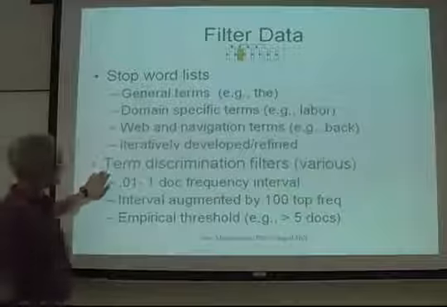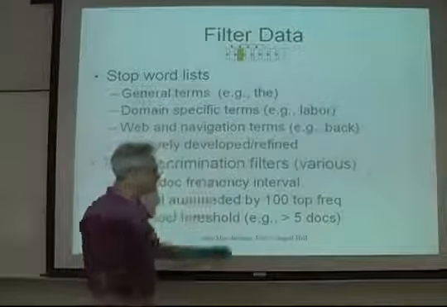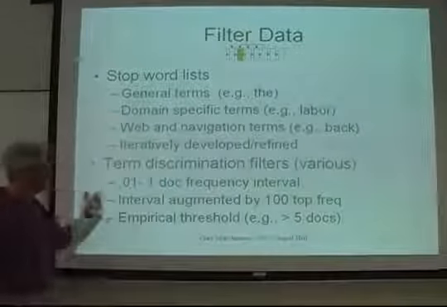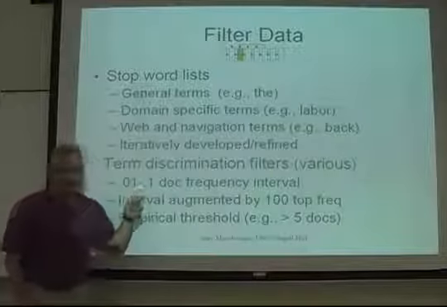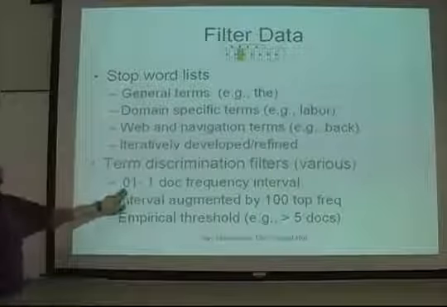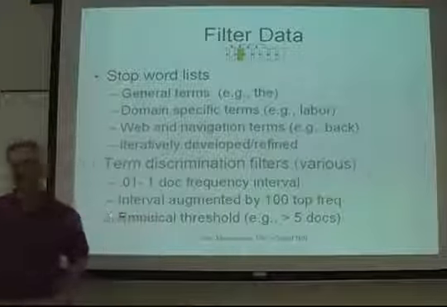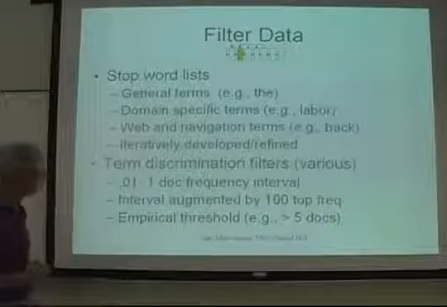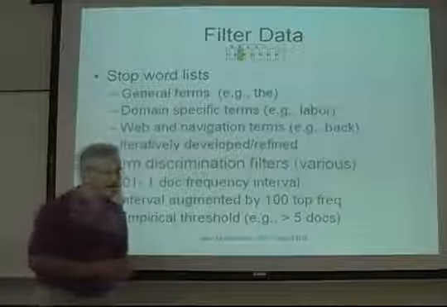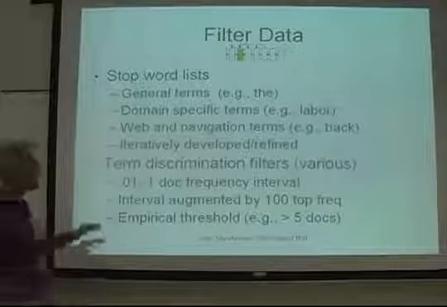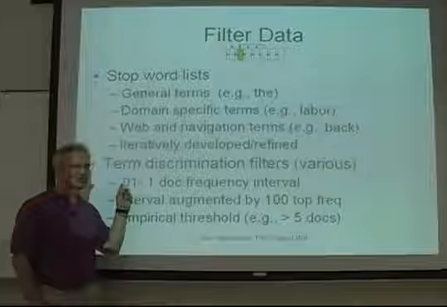We did some term discrimination filters and tried a number of them. We settled on the classic Salton interval, terms that occur in 1 to 10% of the documents across the entire space. And we found that that actually wasn't so good for our clustering.